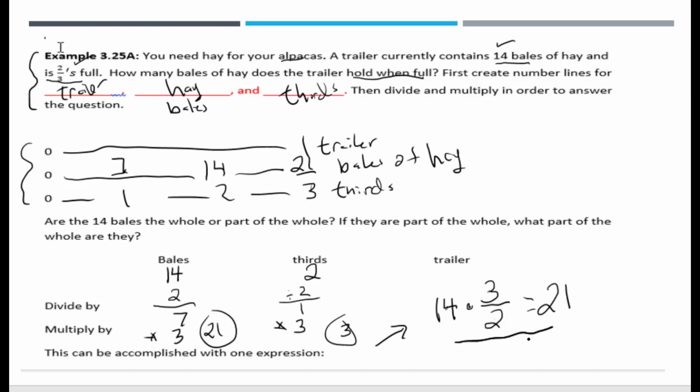So notice what I did there. In one expression, you could do it this way. You could load it up, take your time, and do it with number lines. But if you can see this, it's certainly the simplest way.